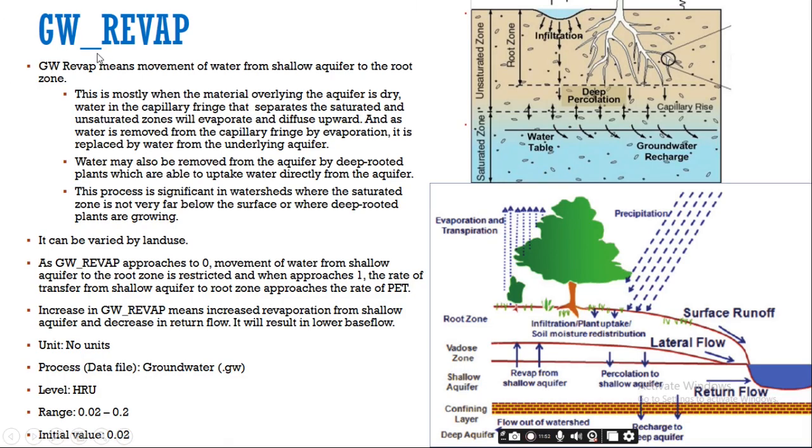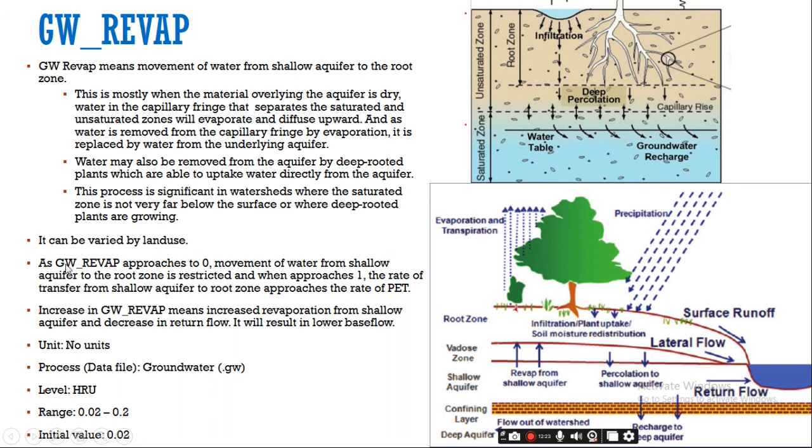Then after, GW_REVAP. This simply means the movement of water from the shallow aquifer to the root zone. Okay, and this condition could occur if the upper layer is dry, and here I have mentioned many conditions, and also if the root is very deep, which extracts the water from the shallow aquifer. In that condition, revap happens.